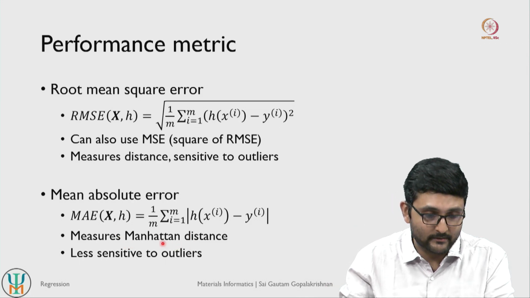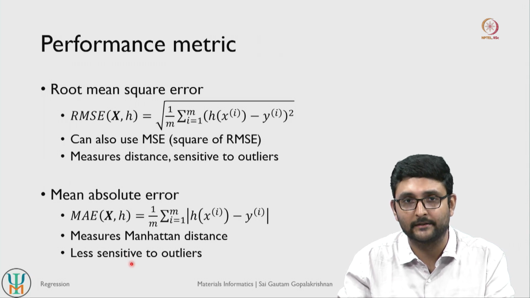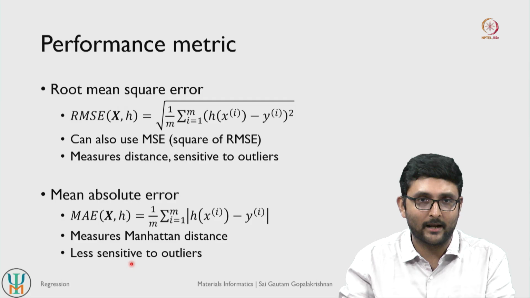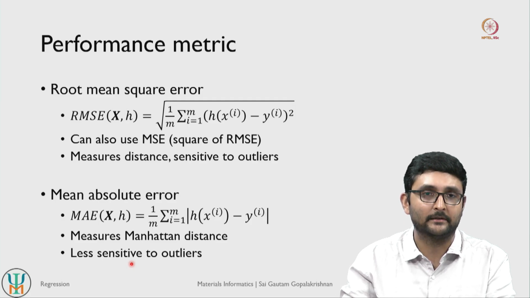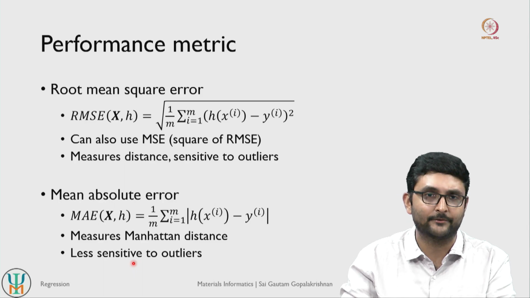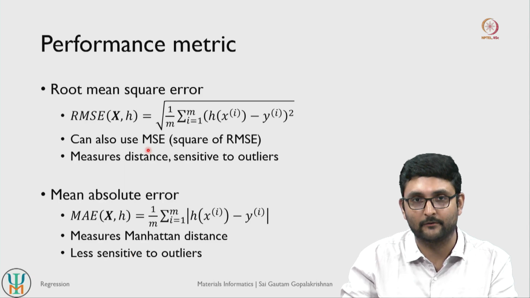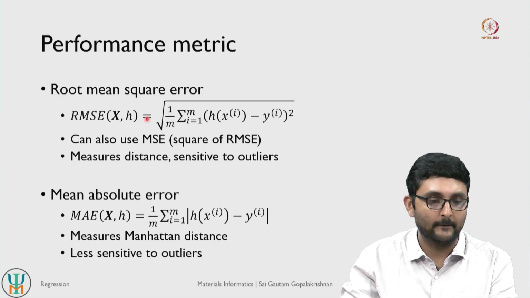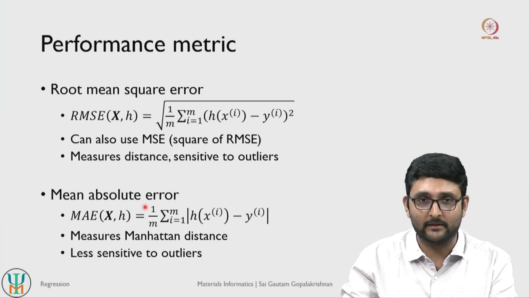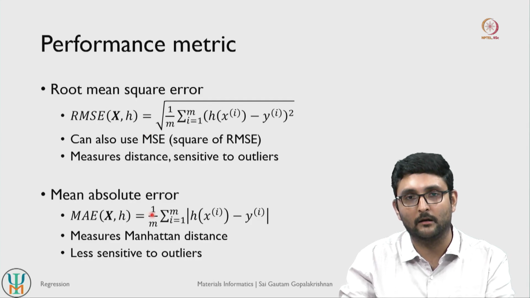The nice thing about mean absolute error is that it is less sensitive to outliers. So even if your model has badly predicted outliers, whether adding them or removing them does not fluctuate the mean absolute error values significantly, right, whereas it can fluctuate root mean squared error values significantly. So we would be using both of these, both RMSE and mean absolute error, to keep track of how our models are performing.